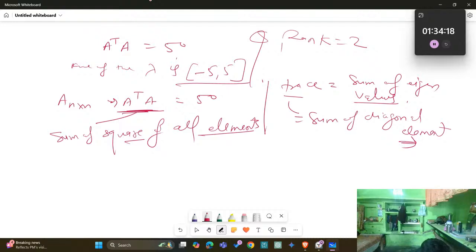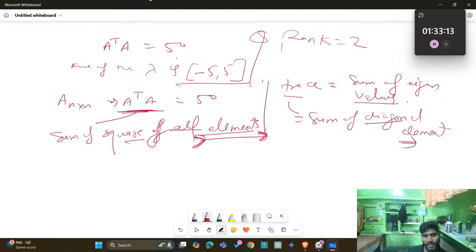So our sum of squares of all elements, the sum of diagonal elements.